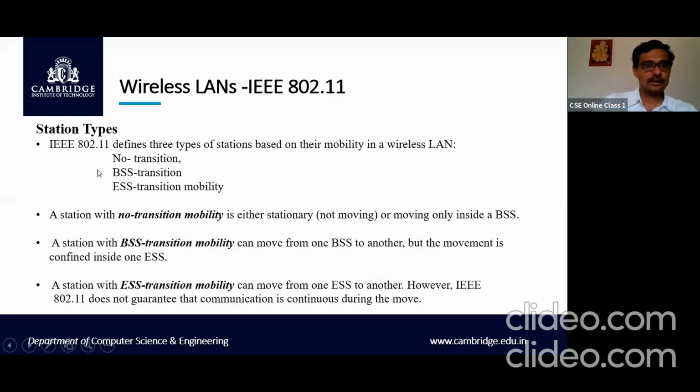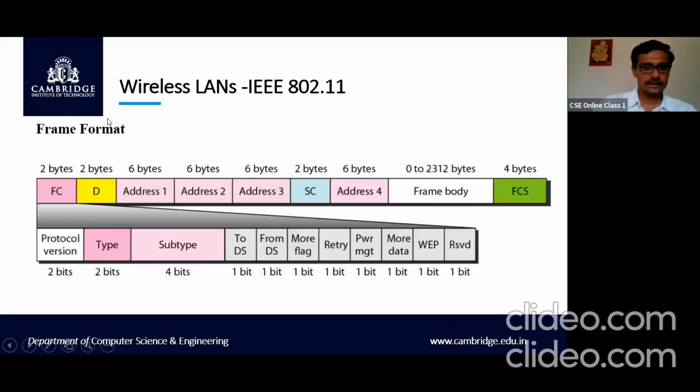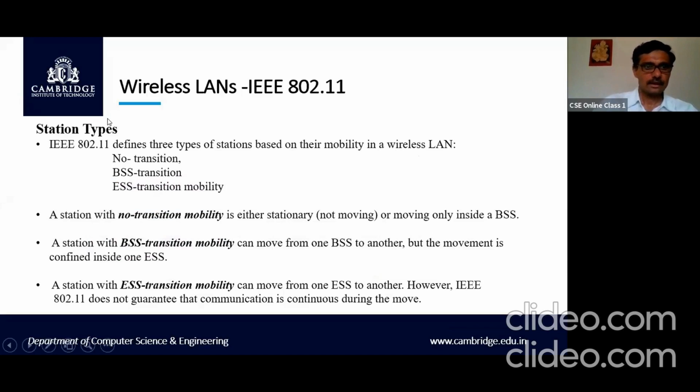We have different types of stations. Station types in 802.11: 802.11 defines 3 types of stations based on their mobility in the wireless LAN. The first one is the no-transition mobility station.